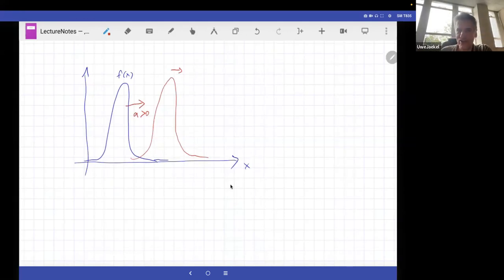A is the transport velocity. The information, so the mass that enters a certain interval, comes from the left and goes to the right.